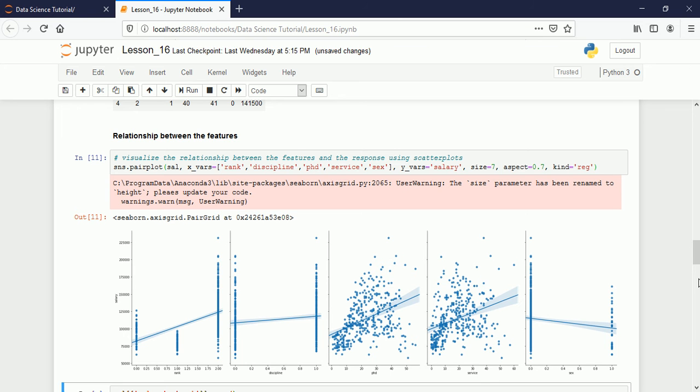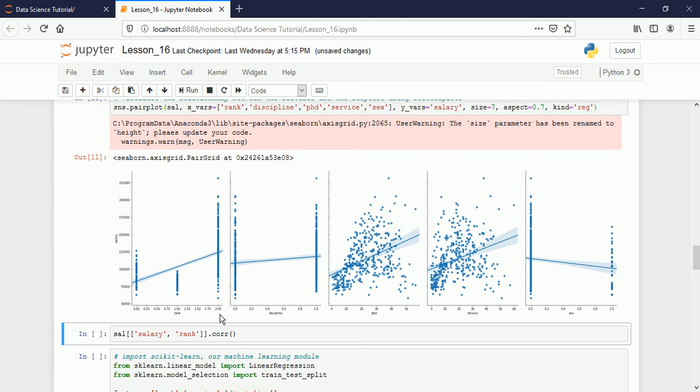Yeah, here it is showing us a relationship between rank and salary, discipline and salary, and PhD and salary. We have services and salary and sex and salary, and this is called the regression line. The points closer to the regression line show a close relationship, and the values which are spread out from this regression line show a weak relationship, we can say.